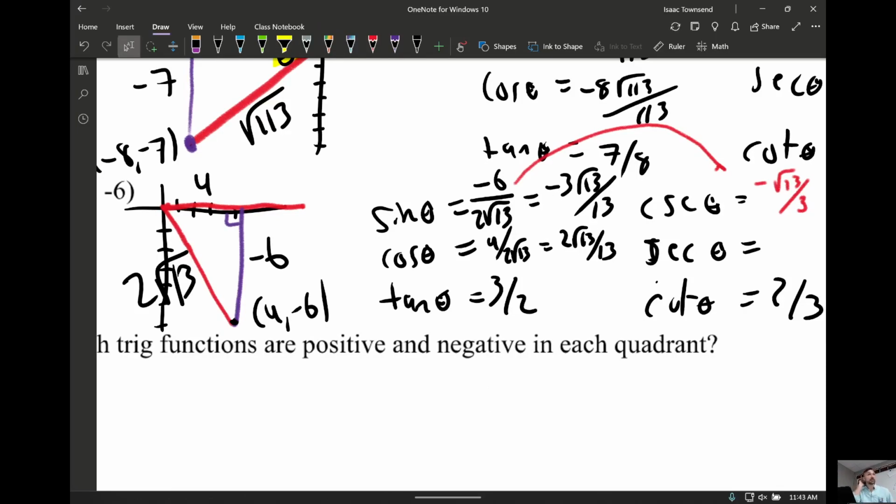You don't have to rationalize and reduce as much. Same thing with this. You could flip 2 square root of 13 over, rationalize, reduce, and you'll get the same secant answer as me, but you could also just flip it over from back here. So that would be square root of 13 over 2. I'm just reducing the 4 over 2.